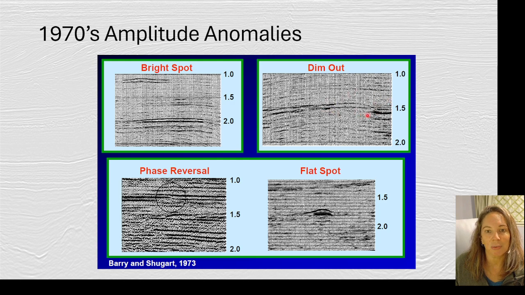Right at the top of this reservoir, you can see that the amplitudes are a bit dimmer than what the water leg would be. Here we've got a phase reversal, very tricky to see. And then down here we've got a flat spot, and you can see that flat spot is kind of bright on top. So that would be a bright spot combined with a flat spot. And that flat spot is where you have that gravitational balance of the gas or the oil on top of the water.